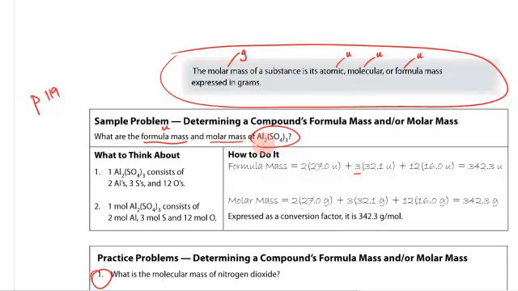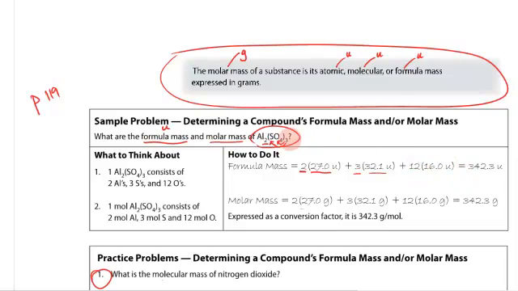So my formula says aluminum, there are 2 atoms of it, and that's why I put the little 2 here, and then 27.0 is its atomic mass on the periodic table. So I multiply those together. And then I distribute the 3 through here to sulfur and to oxygen. So 3 sulfurs, 32.1 is my atomic mass on the periodic table.